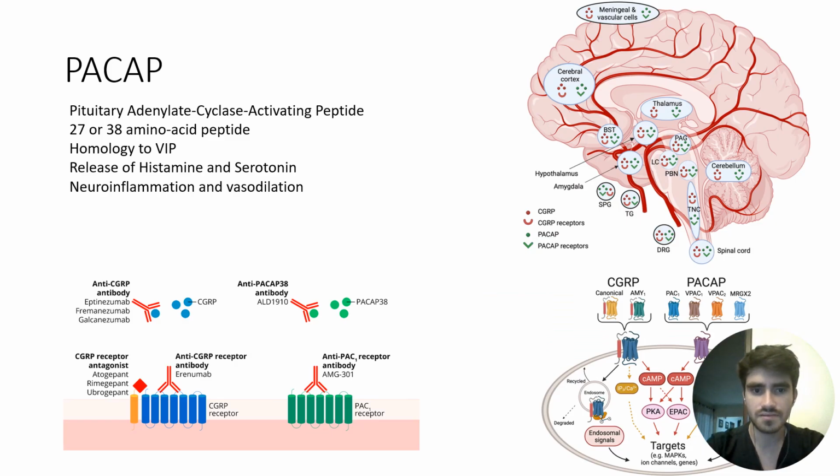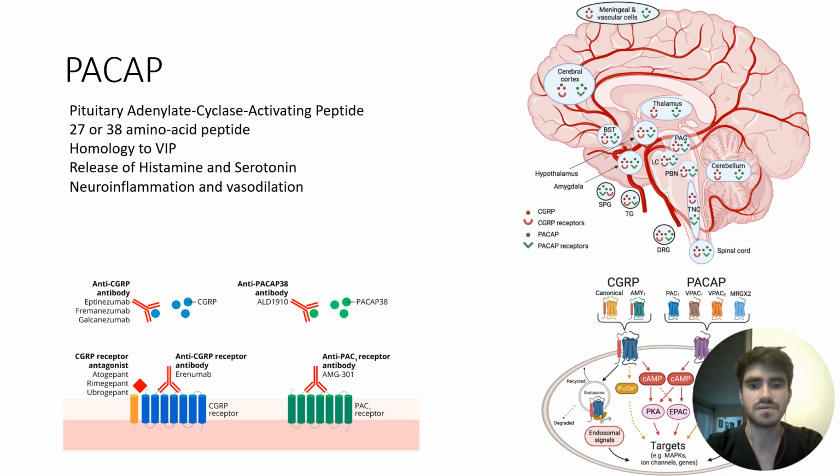Now, finally, there's the PACAP, which stands for the pituitary adenylate cyclase activating peptide, which is a 27 or 38 amino acid peptide and is homologous to the VIP peptide. It is released by the impulses of histamine and serotonin, and it works in neuroinflammation and vasodilation.